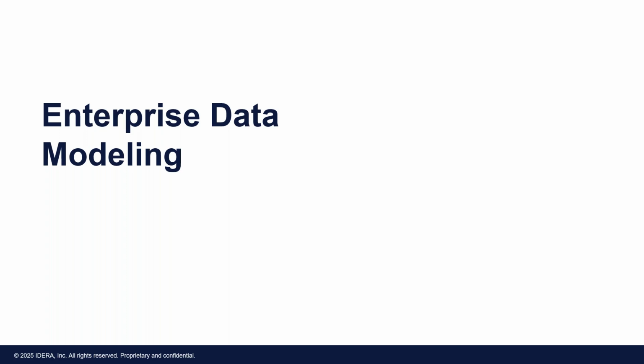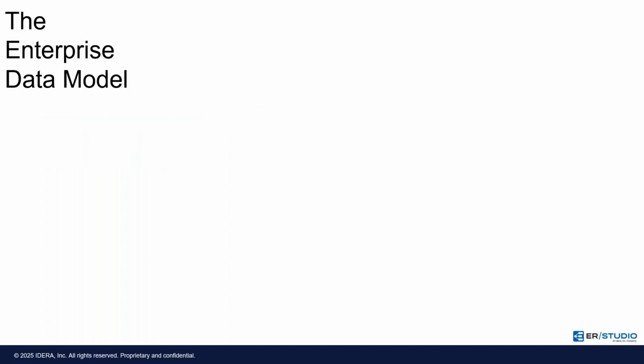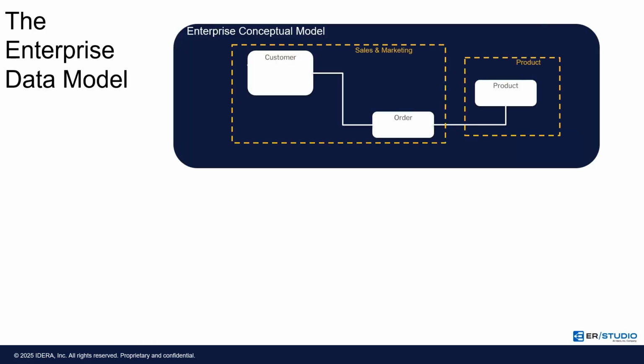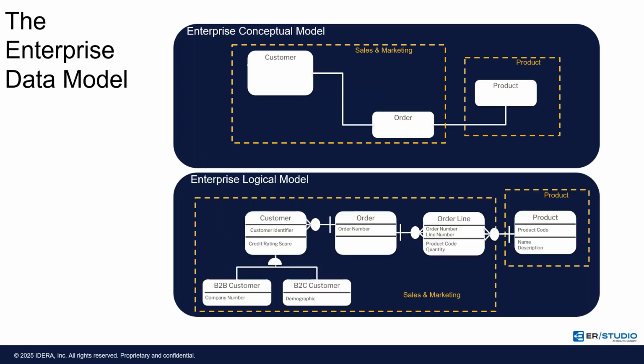And of course, like all these phrases, it can mean slightly different things to different people. But the feedback we're getting really is people are looking to be a little bit more organized, a little bit in control of how they're doing things. So if we start to build up something like an enterprise data model, what does that actually mean? I'm going to build some of these up on the screen, and then we'll jump back and talk through some of them.